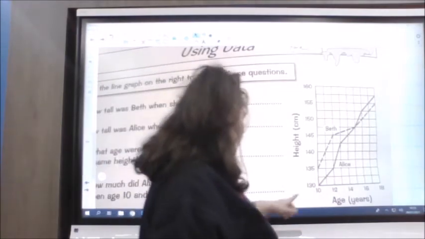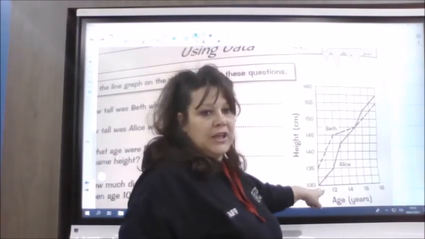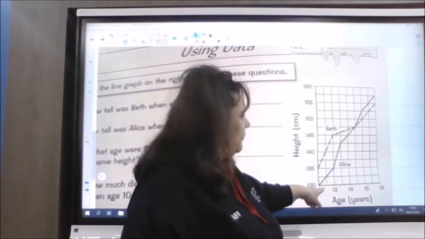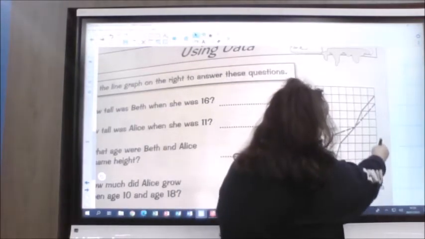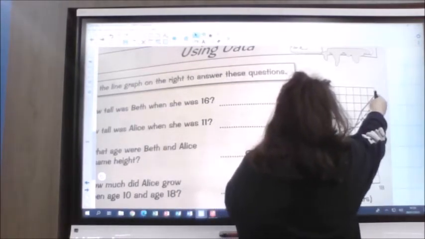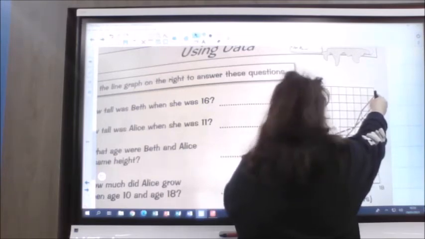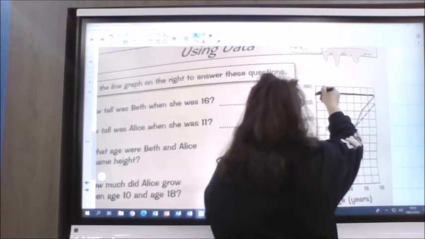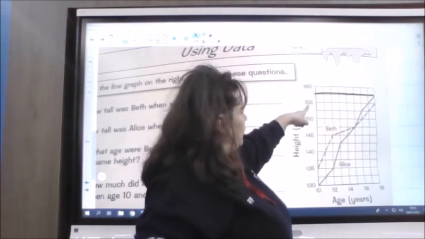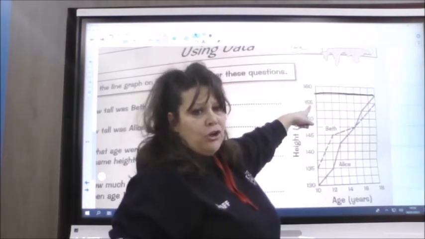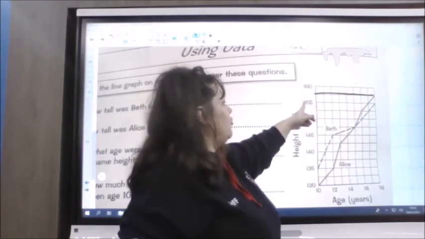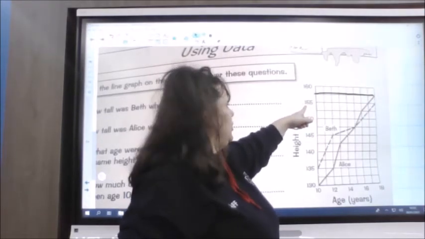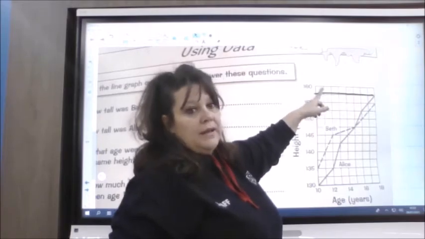Well, here she was, age 10, she was 130 centimetres. Okay. Age 18, if I go up to my graph, okay, and we're looking at Alice, the non-broken line, and I go across here. Well, here she was 155, and if I add 2.5 onto 155, that's 157.5 centimetres.